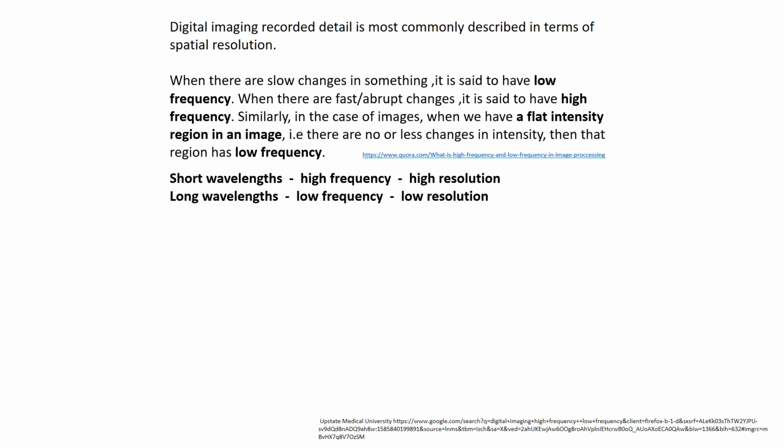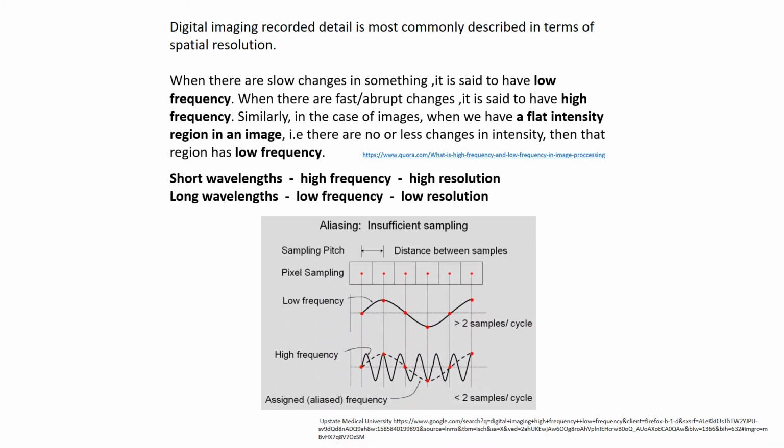Now, if the waves are very long wavelength, there's not a lot to look at. So we get low resolution. If the wavelengths are very close together, the computer can pick more points on these waves because you've got a greater amount of waves. Therefore, the computer can pick a greater number of points to look at. This is going to give you higher resolution.